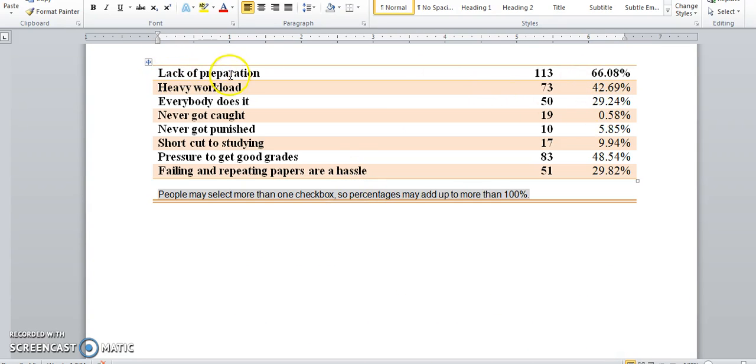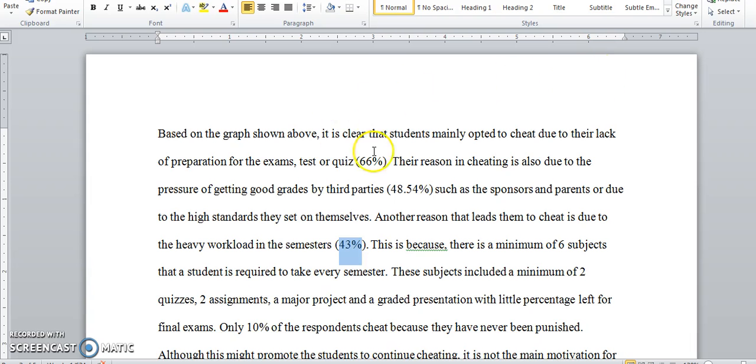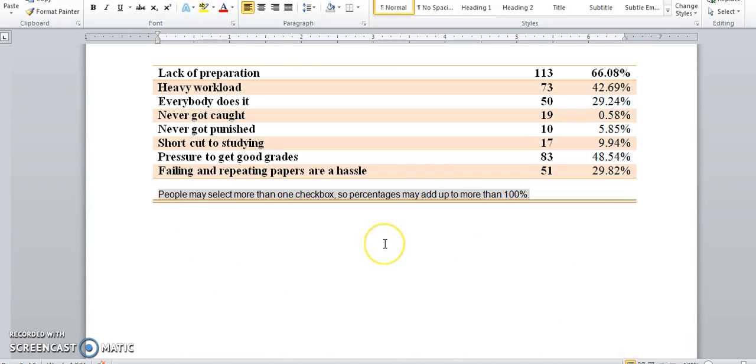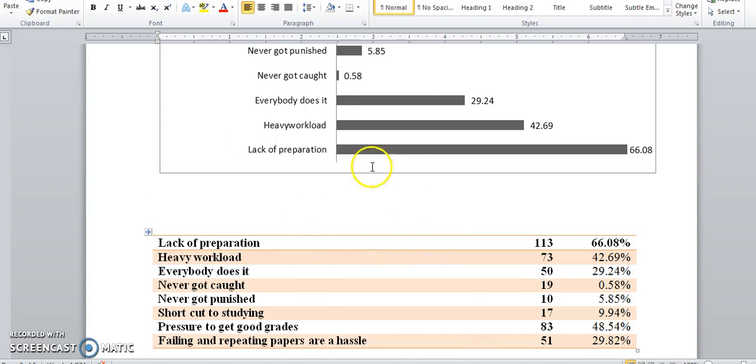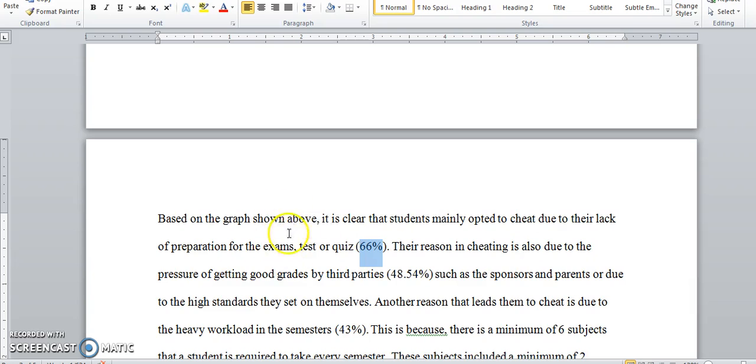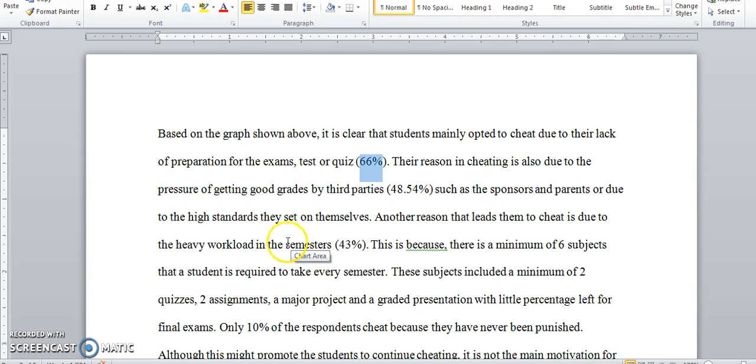Okay. Lack of preparation, 66%. So this is so that it's easier for whoever is reading your research paper. They know, okay, preparation for exam, 66%, pressure of getting good grades, 48%. That way, I don't have to keep scrolling or turning the page to look at this, go back down here and read it. Everything that I need to know is in the same sentence.